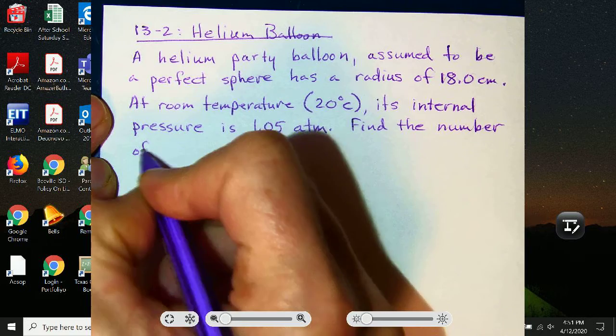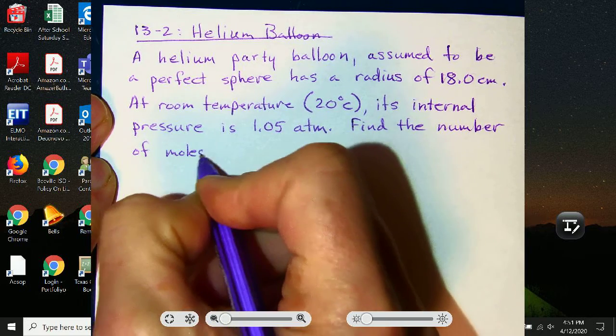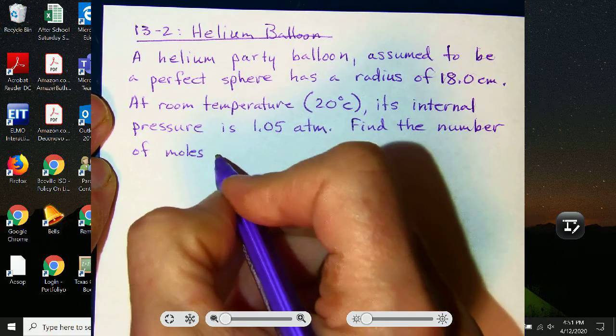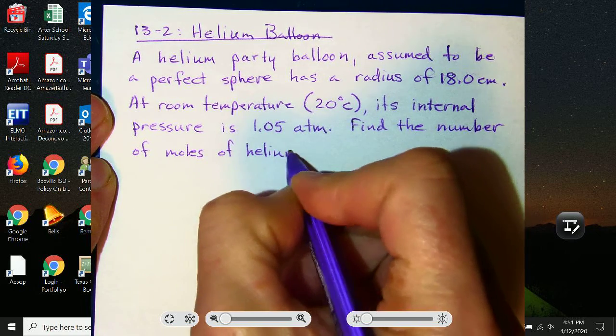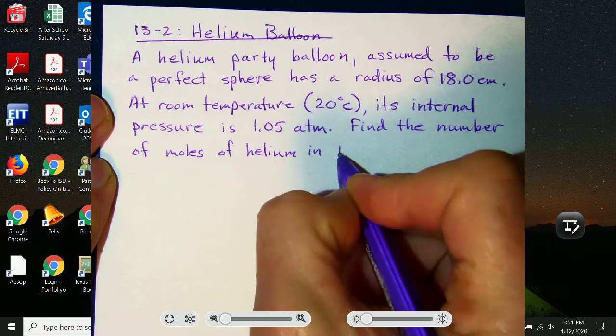Find the number of moles of helium in the balloon.